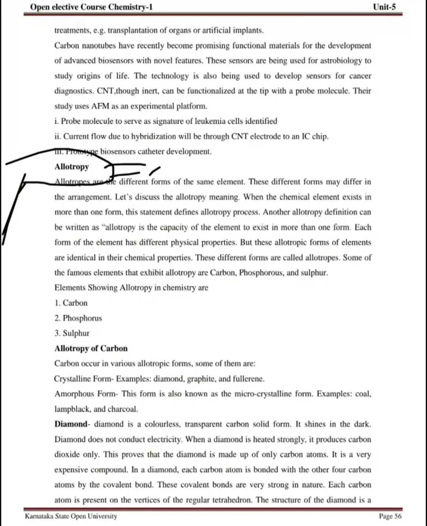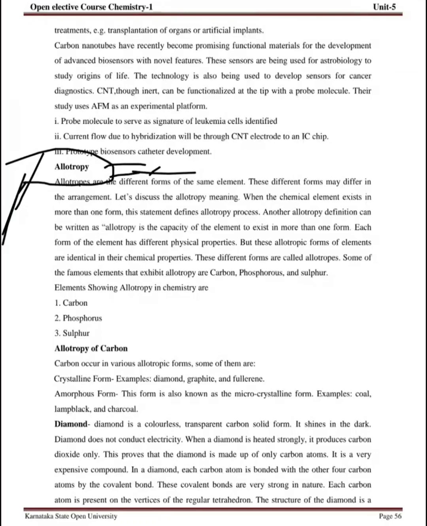So, allotropy is the capacity of an element to exist in more than one form. Each form of the element has different physical properties, but the elements are identical in their chemical properties. That is what I have told: the same chemical properties, but differing physical properties.